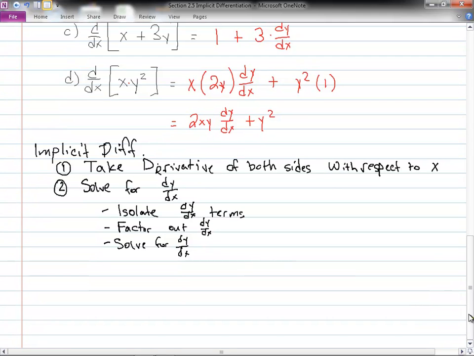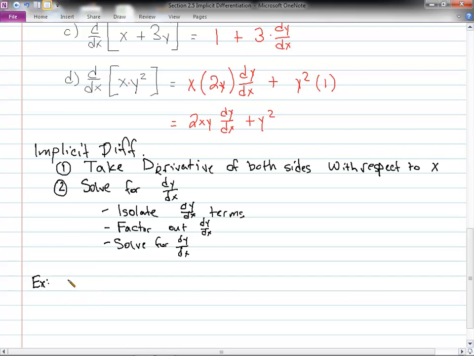As long as you remember the basic rule of when you differentiate something that's a y, remember to multiply by the dy dx, the rest of this is easy as pie. It's just like everything else we've done. Once you've mastered the chain rule, product rule, quotient rule, we're just going to be applying those in this context now.